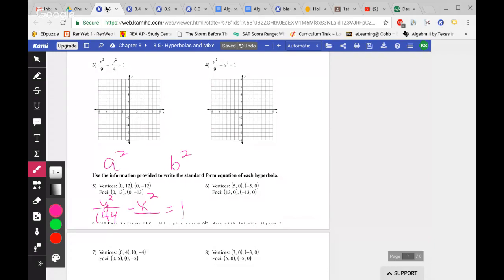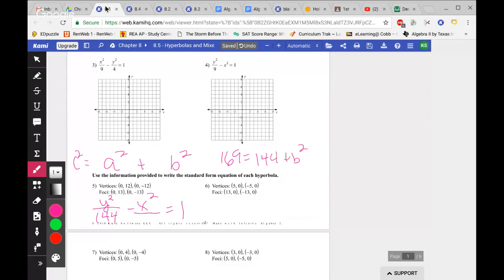Basically, you're using the Pythagorean theorem to find that value, and it's telling us our foci is 13, so that's your c squared. So we have 169, which is 13 squared, equals our a value in this case, 12 squared or 144, plus b squared.